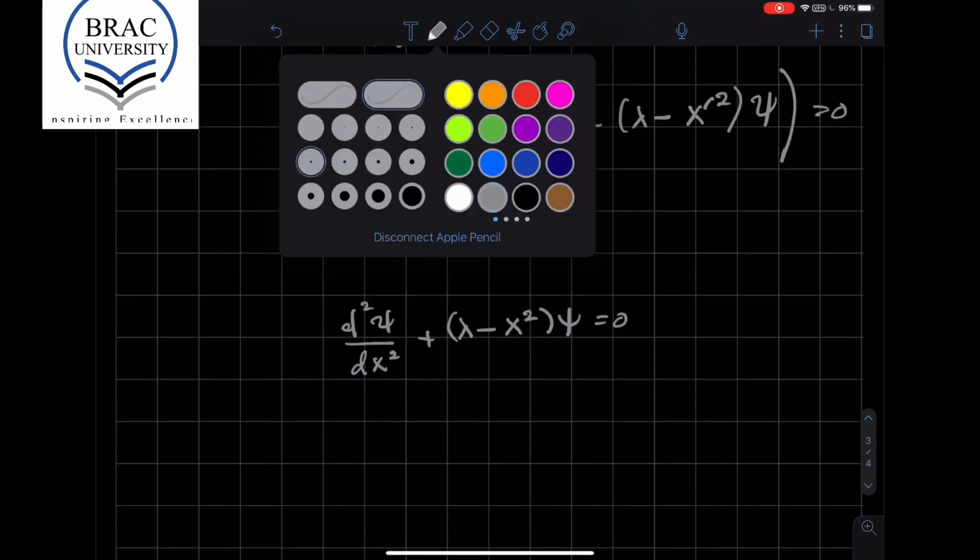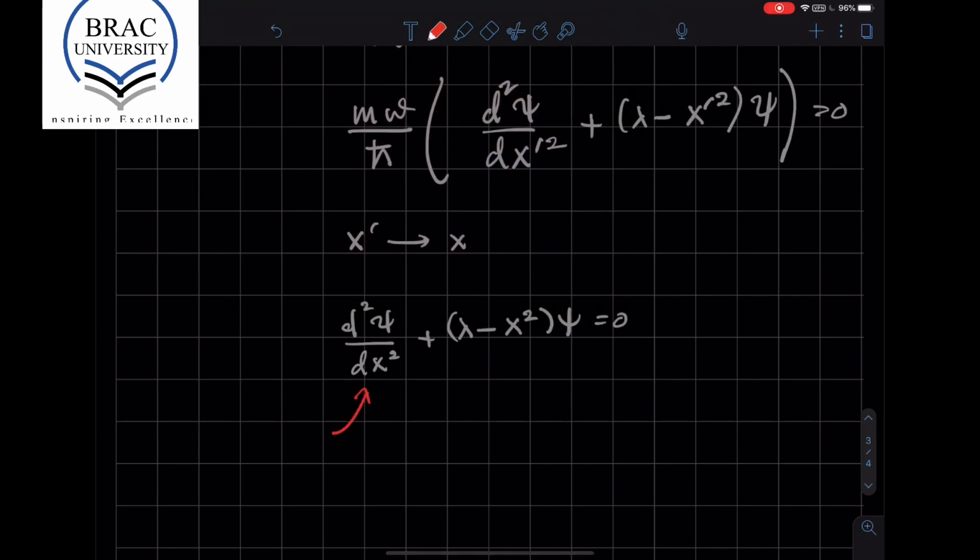This is the rescaled kinetic term, this is the rescaled potential energy term, and this is the rescaled energy term.